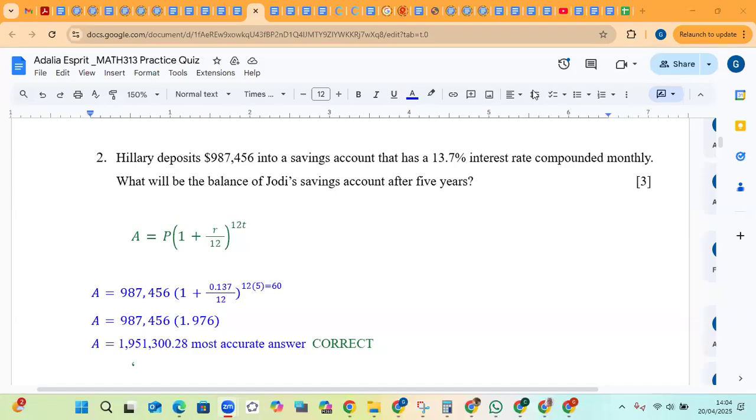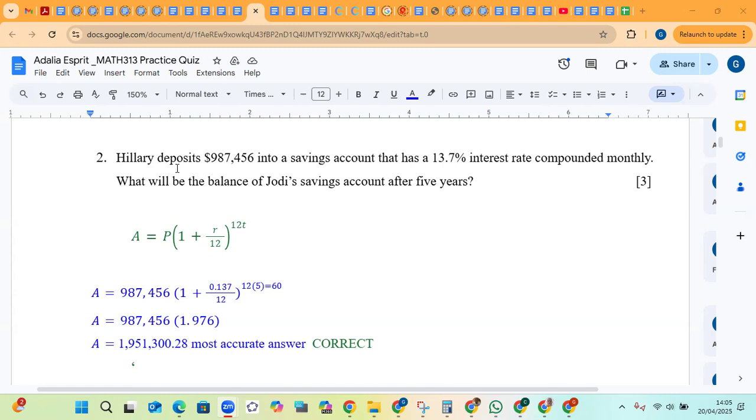In this recording, we are going to discuss number 2 in the Math 313 practice quiz. It reads, Hillary deposits $987,456 into a savings account that has a 13.7% interest rate compounded monthly.